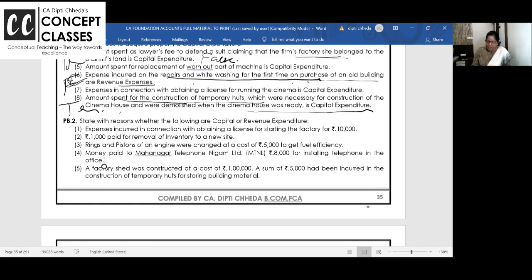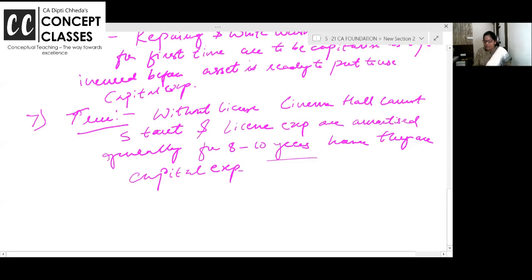Chalo. So amount spent for the construction of temporary huts which were necessary for construction of cinema hall and were demolished when cinema house is ready is a capital expenditure. Very true. Eighth answer is very true. Chalo, let us write this last one and then we will go on. I hope you all are comfortable.